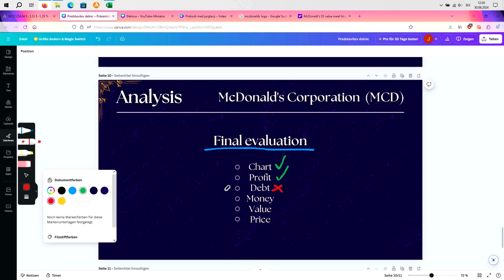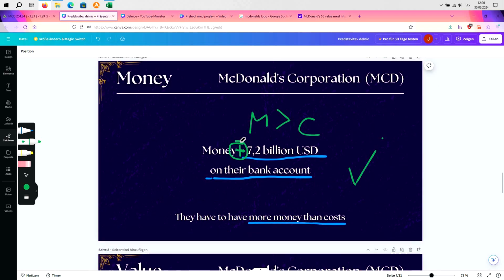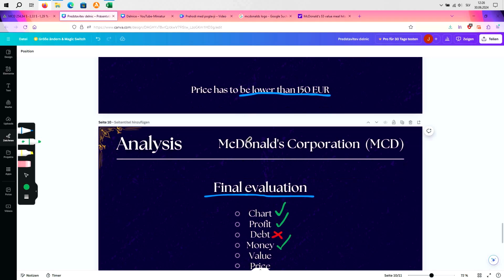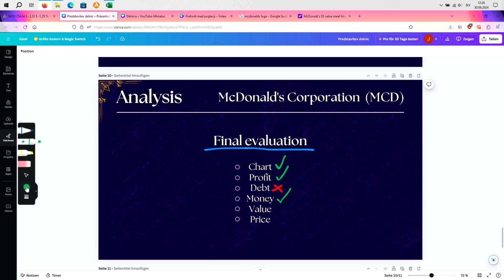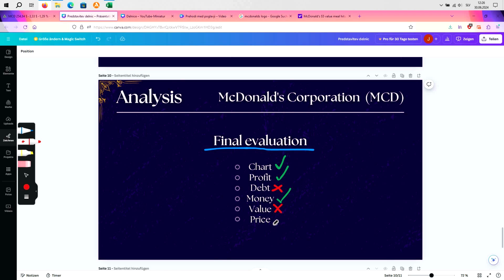Now in terms of the money, they have, I think, like $7 billion. Let me see again, please. Yeah, $7 billion, so that's a good thing. In terms of the value, McDonald's is overvalued, so that's a bad thing. And it's also overpriced by $100, so that's also not a good thing.